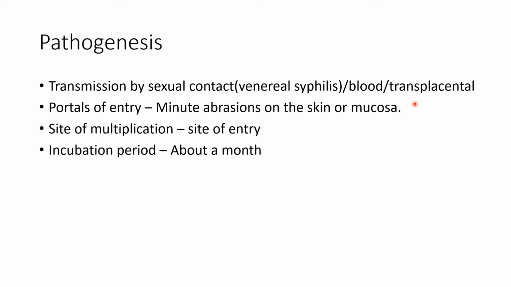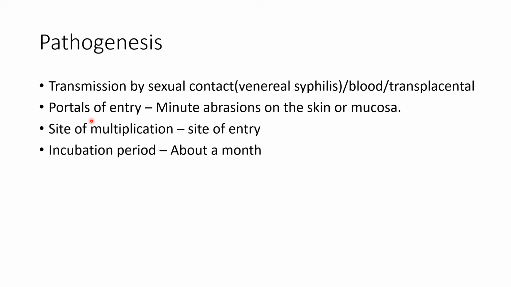Sometimes from the mother to the fetus through the placenta, it can enter the fetus body. So the transplacental route is there, the blood route is also there, and sexual contact can also transmit the infection from one person to another person.